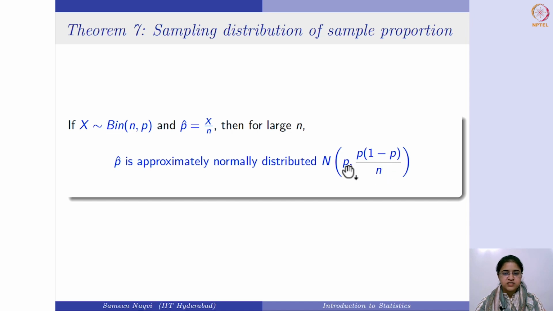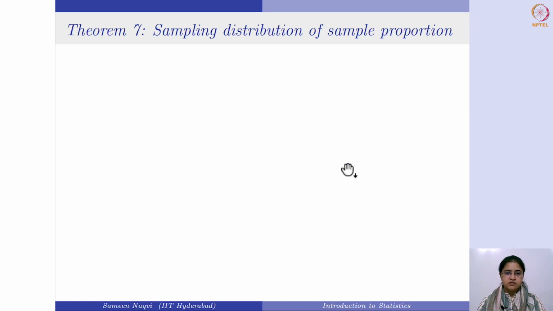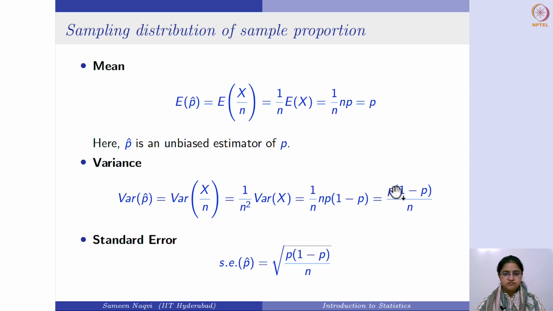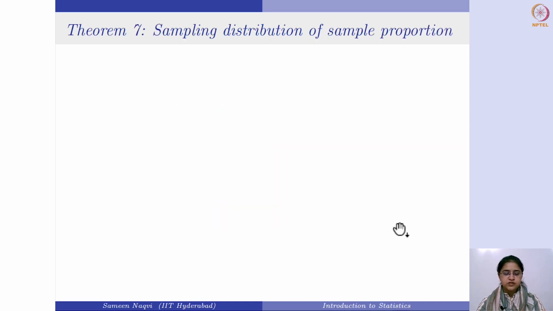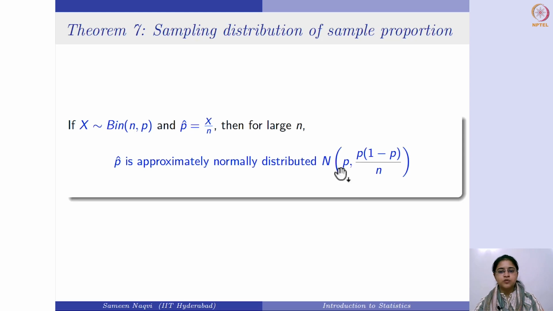We just found that the expectation is this and the variance is this, but based on this we cannot simply say that it is going to follow a normal distribution. For this we need to prove how the normality comes into the picture. So let us prove this.